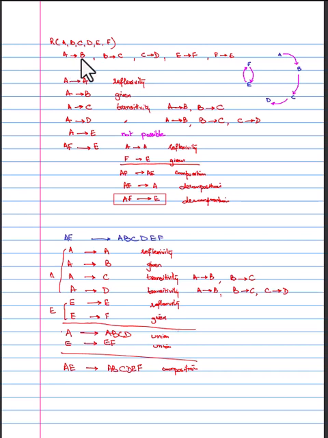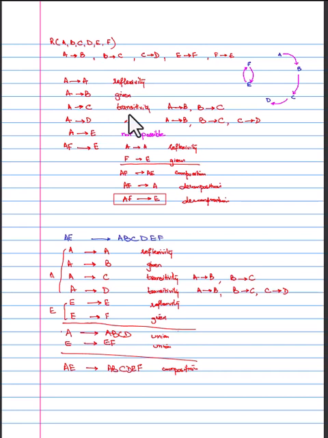Suppose A identifies B, B identifies C, C identifies D, while E identifies F and F identifies E. So we can write A identifies A. This is the reflexivity property because each attribute identifies itself. A identifies B is given in the problem. A identifies C is the transitive property. If A identifies B and B identifies C, which is given, then A identifies C. So this is the transitivity property used on the given scenario.